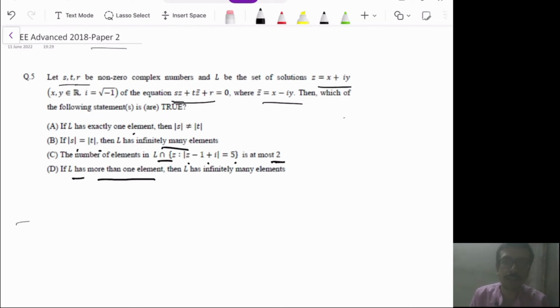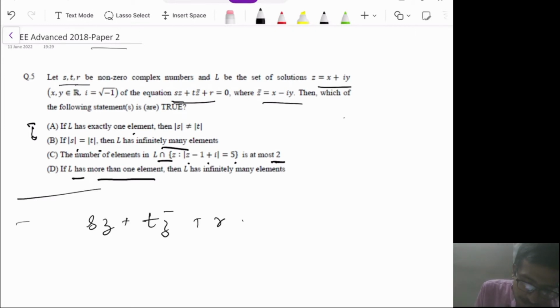So let's try to understand all these 4 statements. Note that between A and B, it appears that the answer should have something to do with whether mod s equals mod t or not. So let's see. We have to solve sz + t z bar + r = 0.